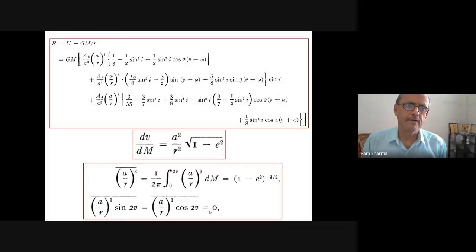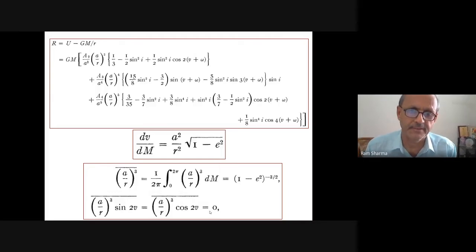So this is R. You write U minus that, you subtract the gravitational potential, and then this is the perturbing potential left as a function of A2, A3, A4. Now this is a relation between true anomaly and mean anomaly. These are used, and the bar over A by R means the mean values.